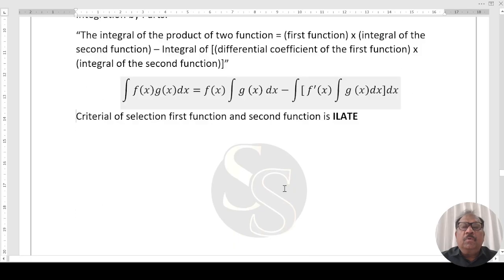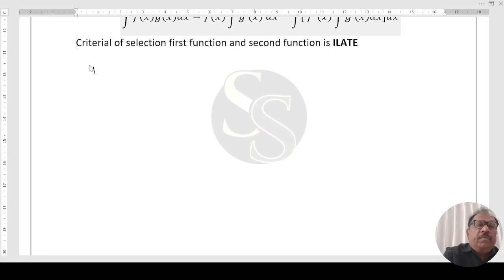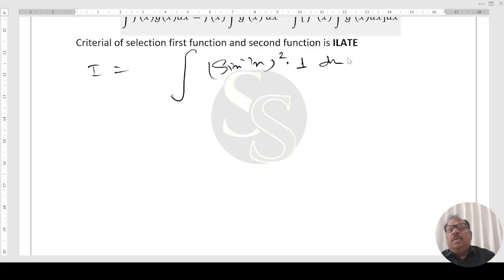Right? Now, integration of sine of inverse x whole square into 1 dx. According to ILATE, inverse trigonometric function is the first function, 1 is the algebraic function, this is the second function. By parts.